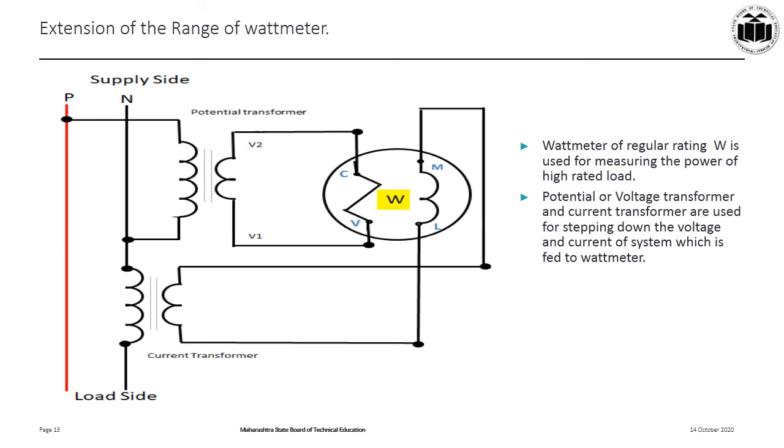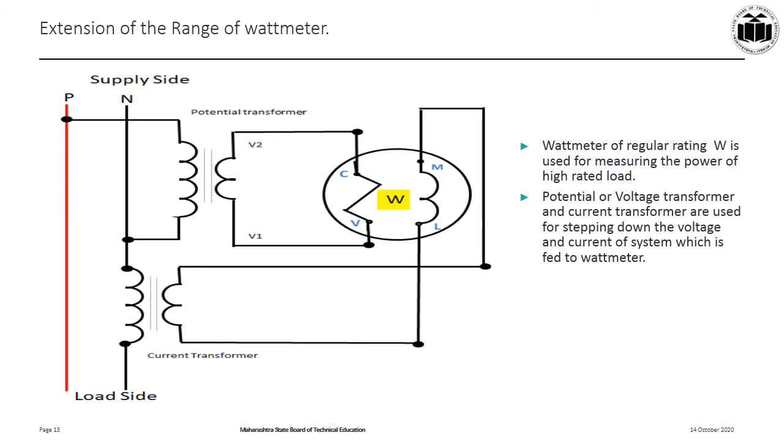The current coil of the wattmeter is connected to the CT and the pressure coil of the wattmeter is attached to the PT. So when the load current changes, the current through the CT and hence the current through the current coil of the wattmeter also changes.